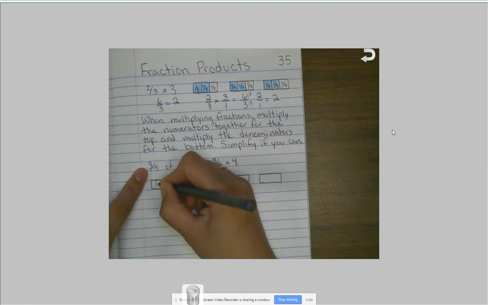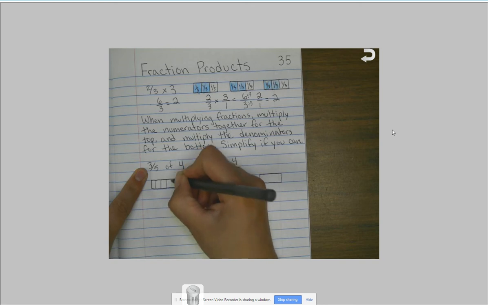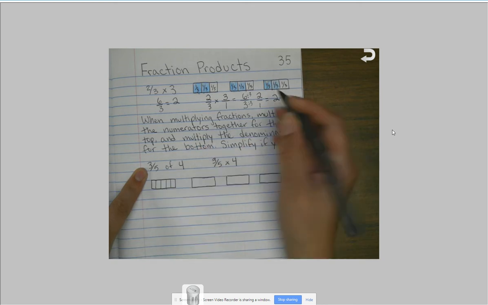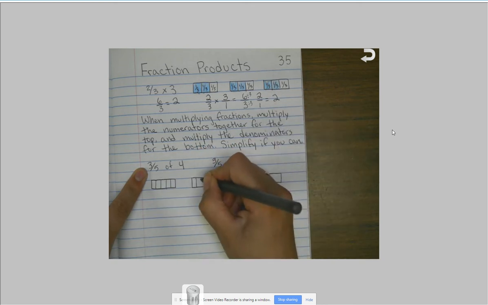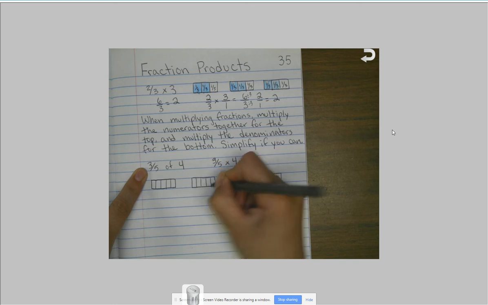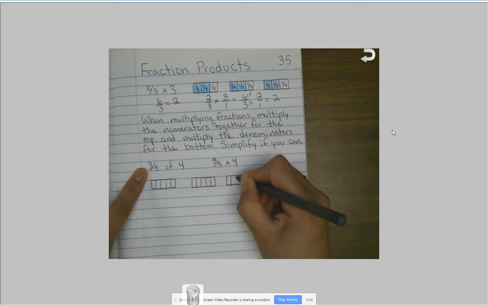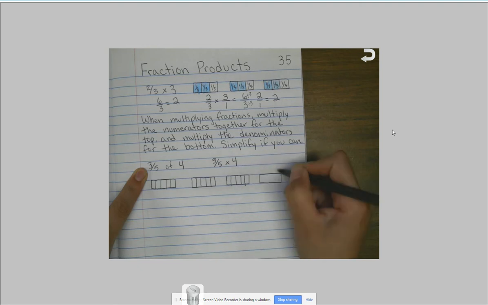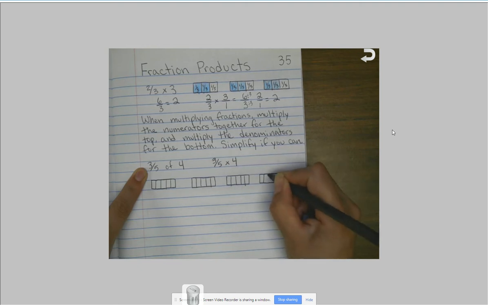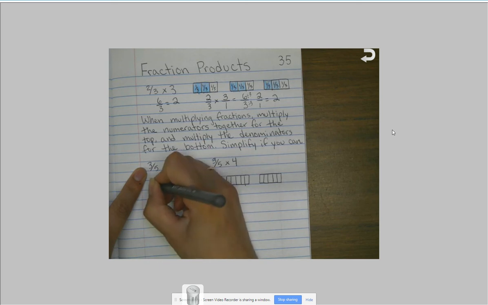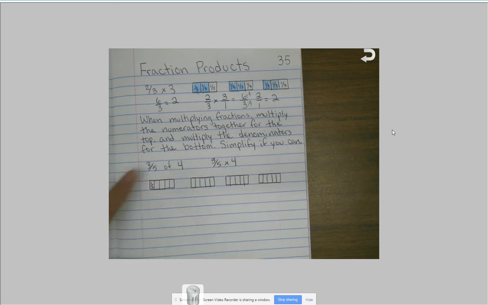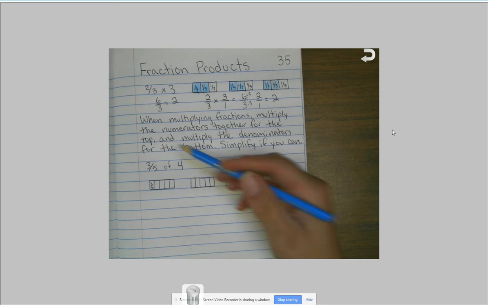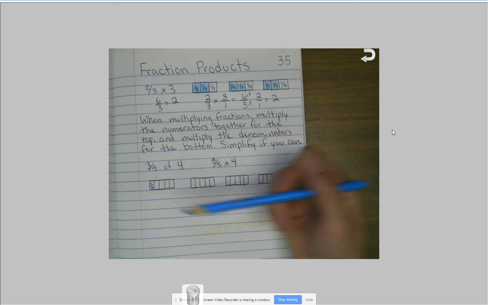So 5 pieces, 1, 2, 3, 4, 5. Same thing with this one and this one. Okay, remember each one of these represents one of 5 pieces. I'm not going to write it in every single one of those, but in each one I need 3 of the 5 pieces.